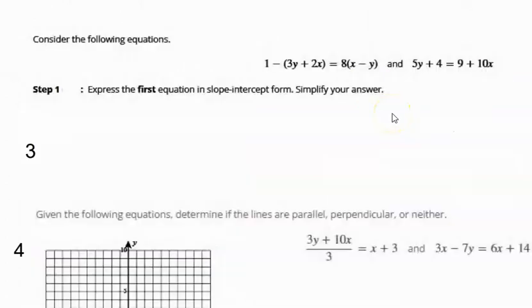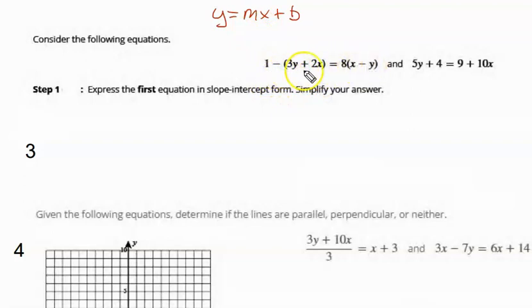Now for number 3, this is a multi-step, and we're looking for whether the lines are parallel, perpendicular, or neither by putting them in slope-intercept form, y equals mx plus b, and that way we can compare the slopes.